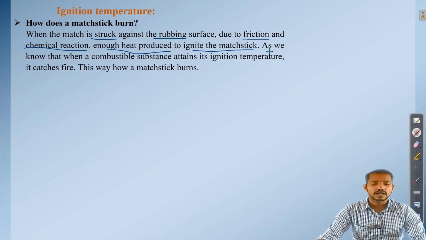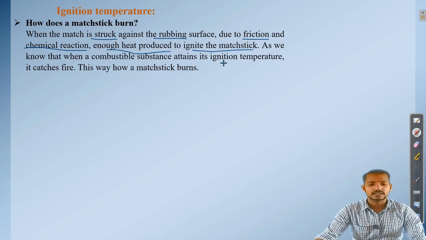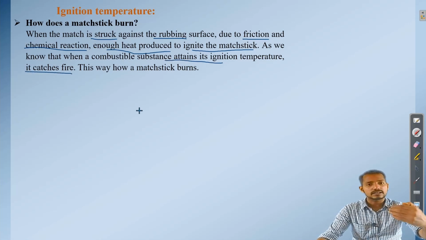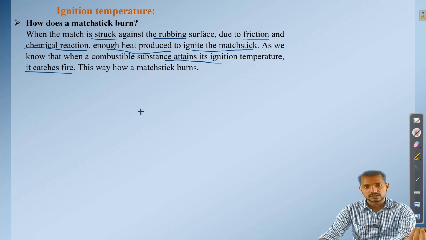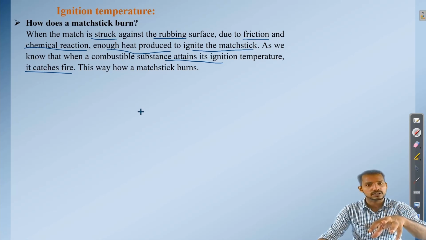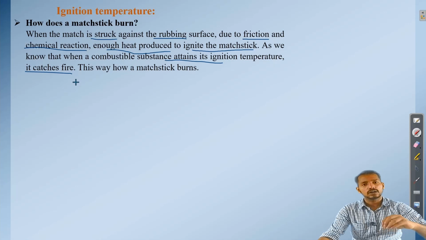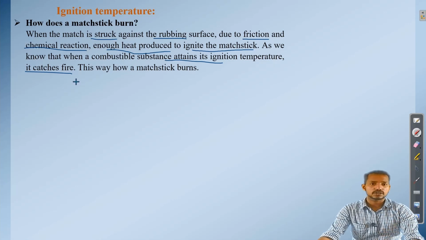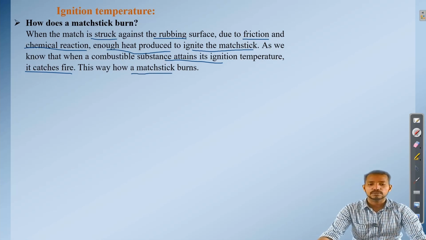As we know, when a combustible substance attains its ignition temperature, it catches fire. So once the matchstick attains its ignition temperature due to friction, which causes a chemical reaction, which produces heat, that heat is sufficient to attain the ignition temperature of the matchstick. When it attains its ignition temperature, it catches fire. This is how a matchstick burns.